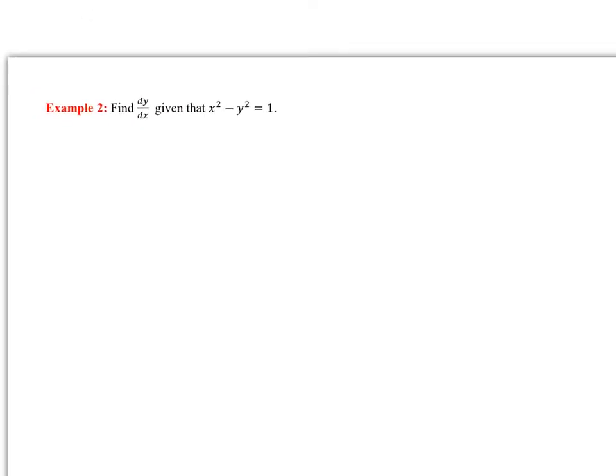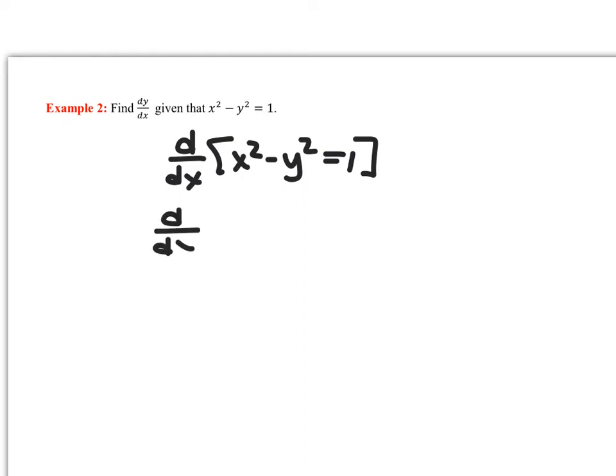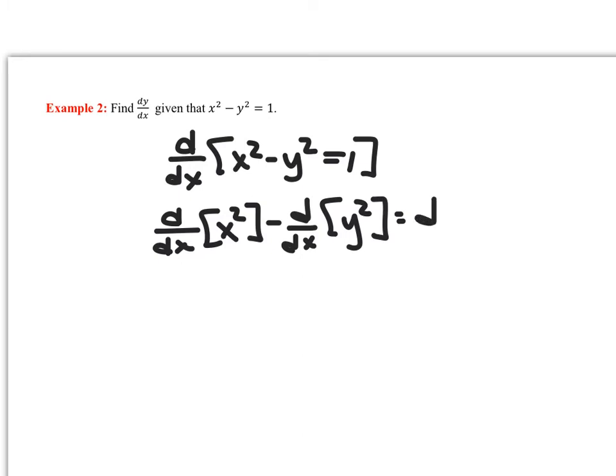Okay, let's go through this one here. I'm going to run through it relatively quickly, but let's do it. So d dx of x squared minus y squared equals 1. I'm not going to split this up each time, but you'll see what I do. Actually, I will on this one. So d dx of x squared minus d dx of y squared equals d dx of 1.